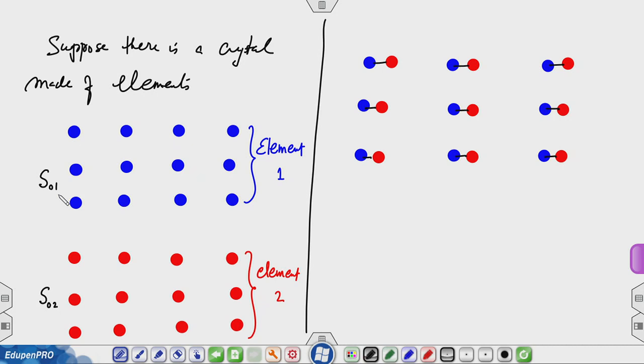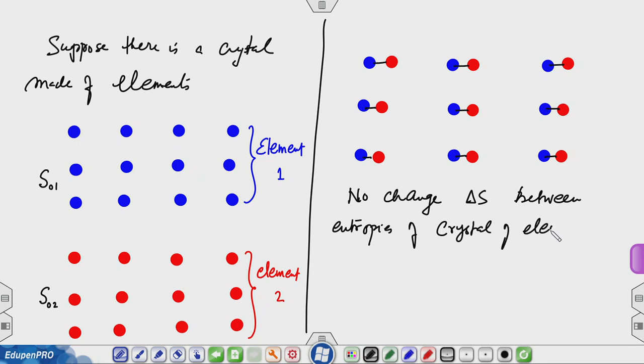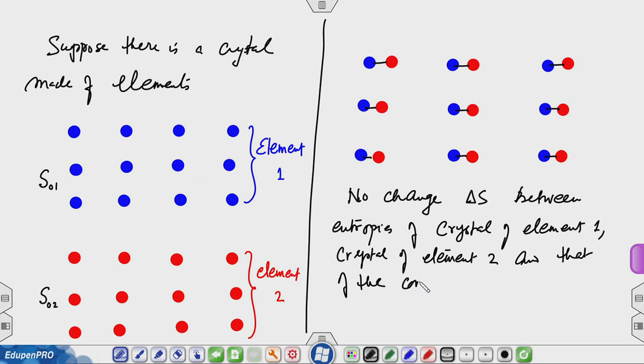The entropy of the final system here will also be such that there will be no change, delta S, between the entropies of the crystal of element 1, the crystal of element 2, and that of the compound made of element 1 and element 2.